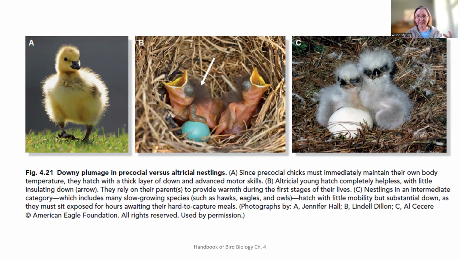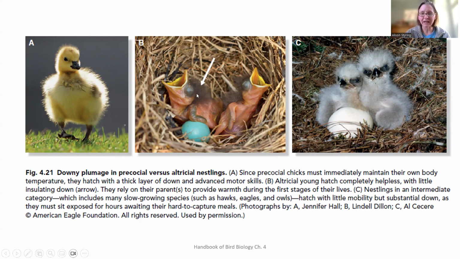They have this thick layer of down. When they're born, they can thermoregulate. They don't need to be brooded to keep their body temperature constant in the same way that other birds need it. Songbirds are altricial. And so instead of being semi-independent when they hatch, they are completely helpless.